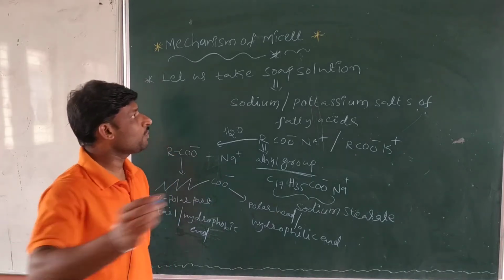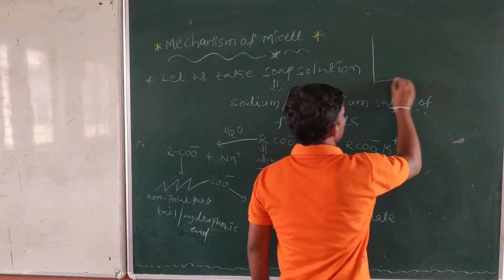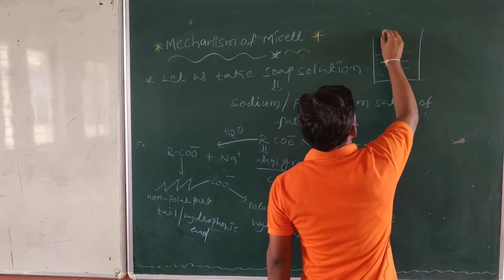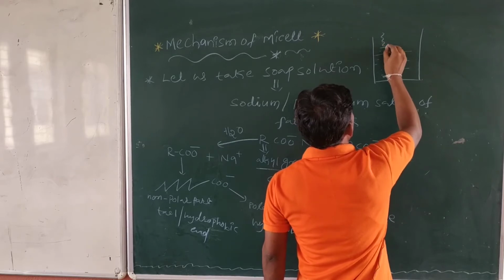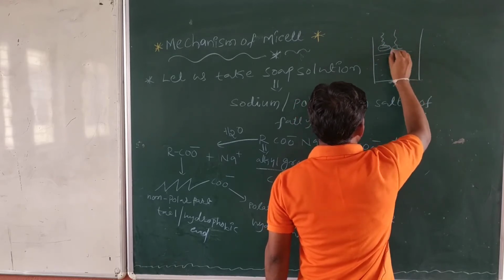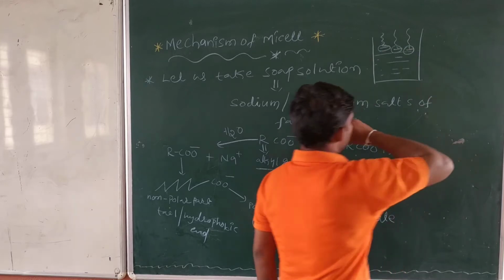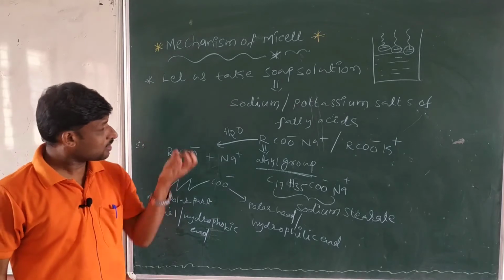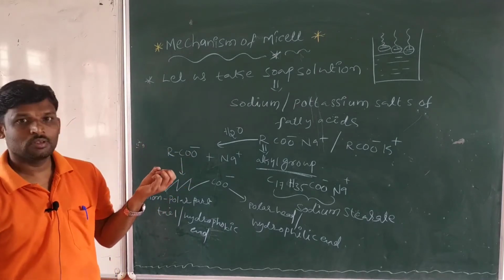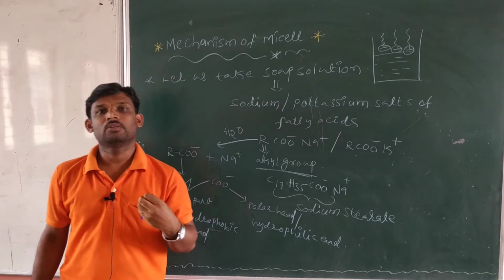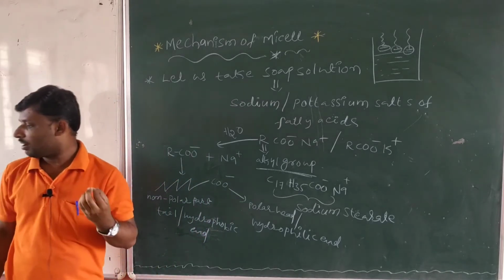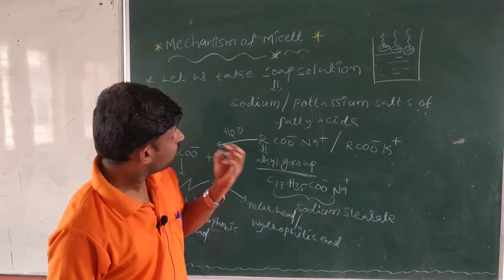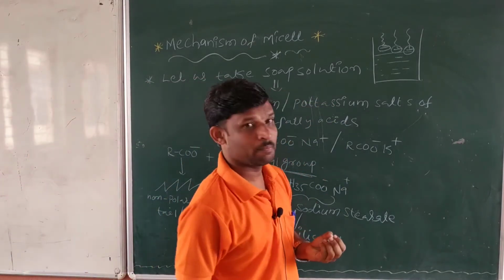For example, suppose I take a water solution and add the soap. Then the minus end comes here like this. Then the ions get pulled into the bulk of the solution.